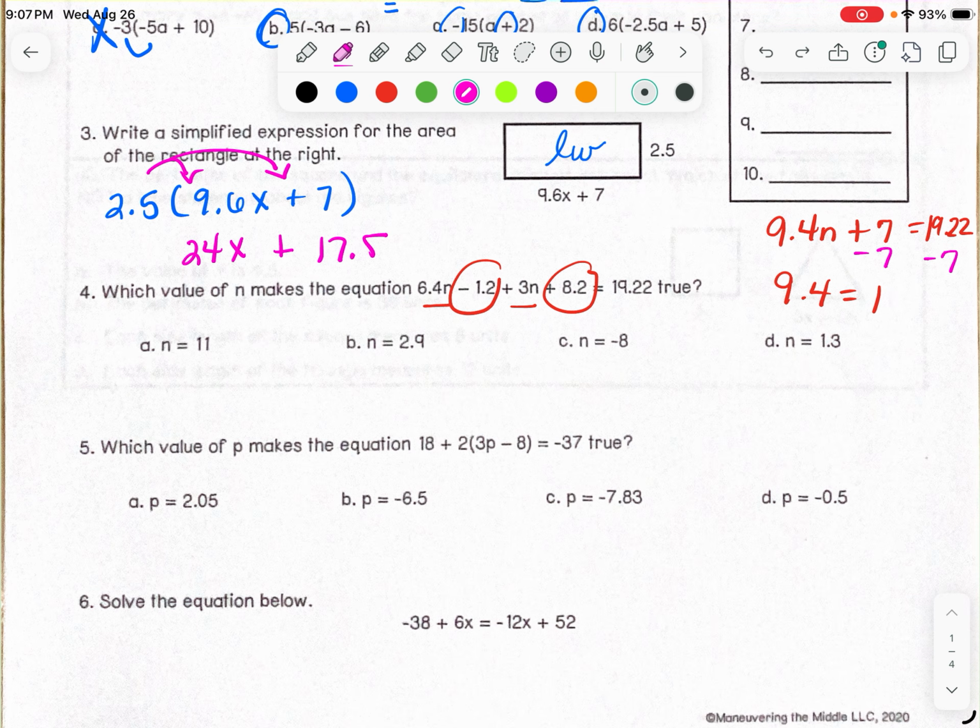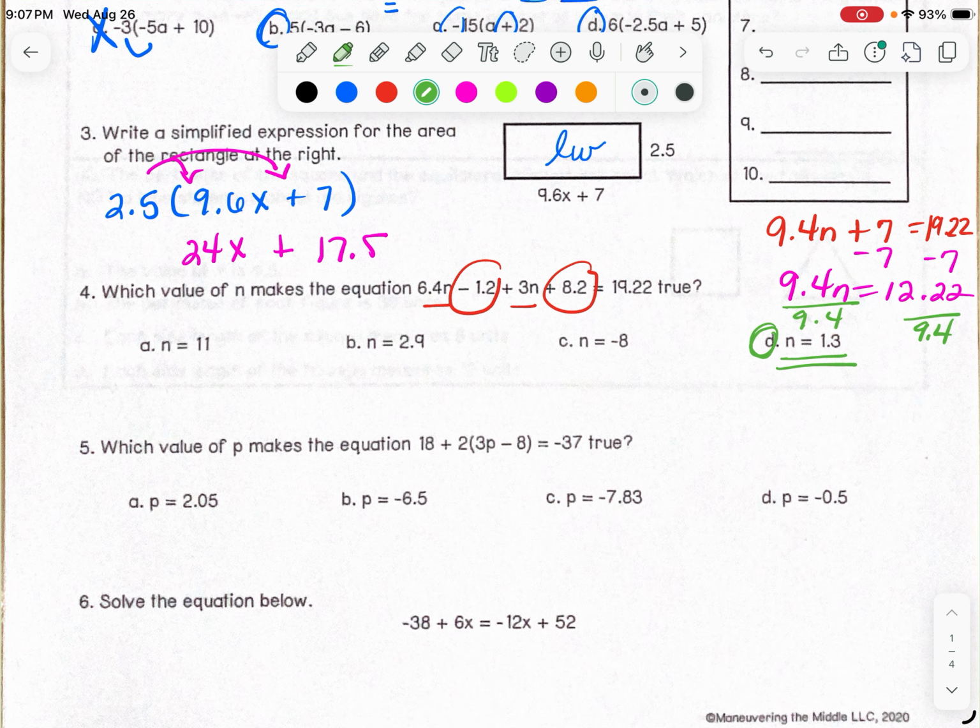Let me just start over on that line. All right, 9.4n equals 12.22. And then, of course, you're going to divide both sides by 9.4, which is going to give you the solution of 1.3.